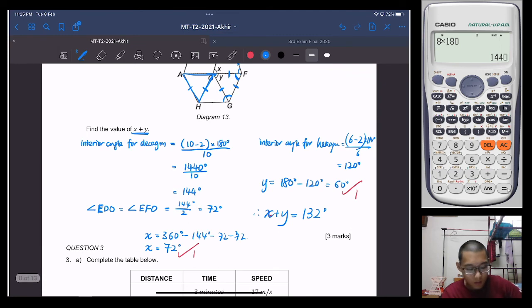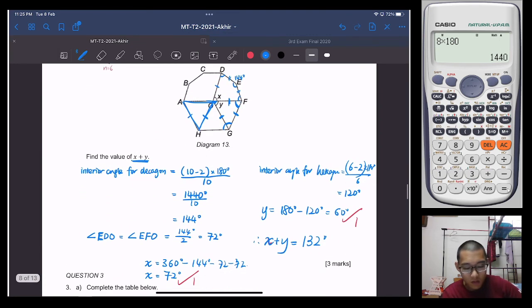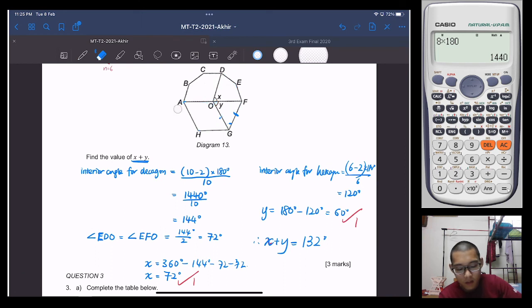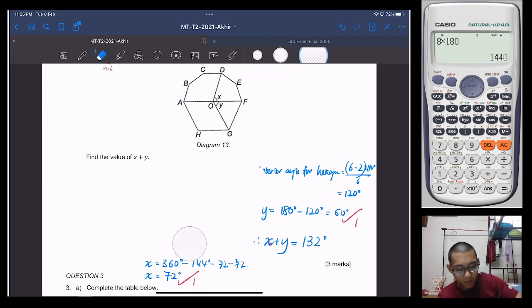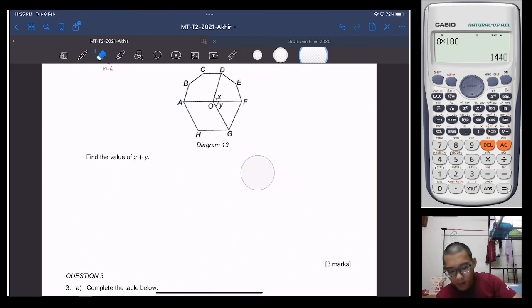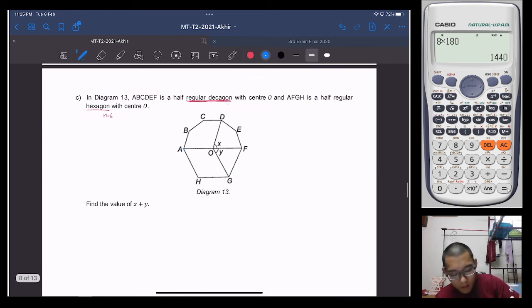Now I use question C in second method. In second method, since here are all regular, that means when you try to divide them, try to connect here, here. Actually, they have congruent triangles for this decagon and congruent triangles for this hexagon.